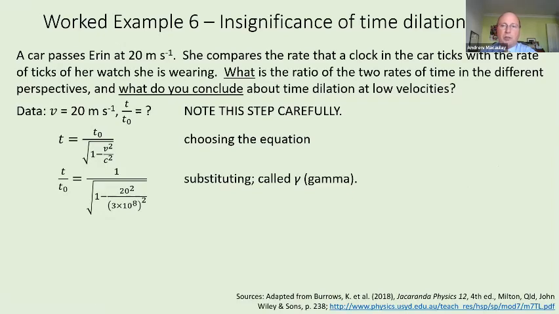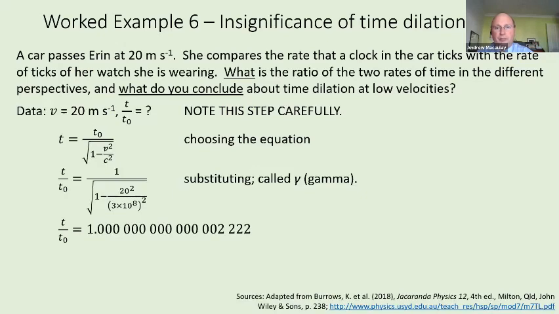Gamma is sometimes a shorthand term for that complicated looking square root thing. We have, by calculating, and I hope you've got a calculator with this many decimal places, I know you don't, but the one on my computer does, 1.0000000000000000222, and so on.